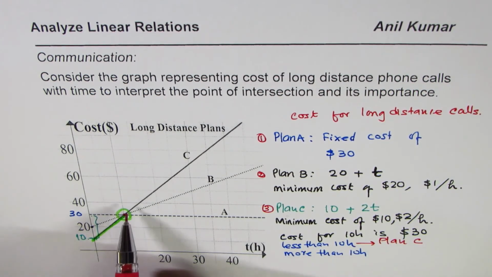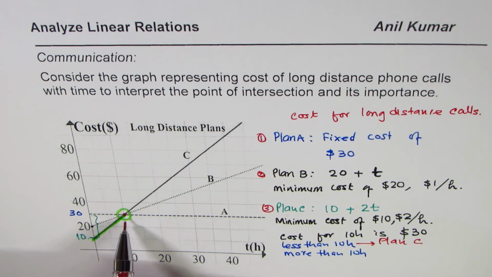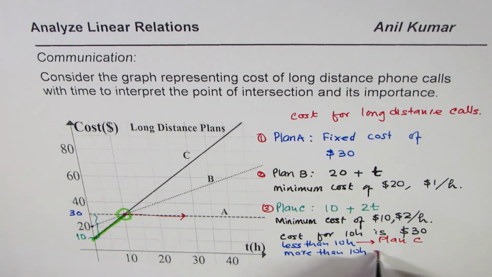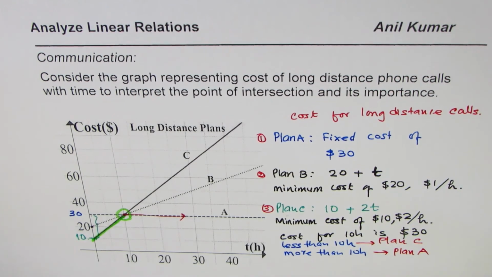For more than 10 hours, which is minimum? As you go to the right, the minimum is plan A, right? So for more than 10 hours, plan A is the best plan. Correct? So that is what we interpret from the given condition.